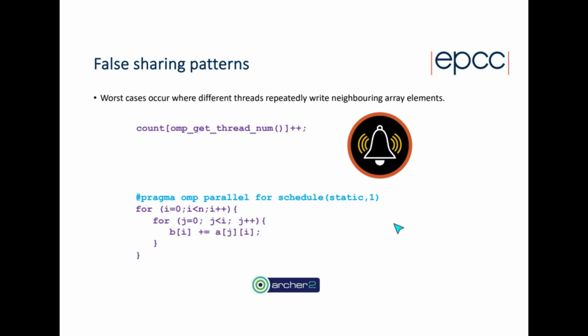And in this case, what you would find is that a chunk size of 1 is not a good choice. You would need a larger chunk size to make sure that the blocks of data that each thread is accessing are basically bigger than a cache line, bigger than a cache block.